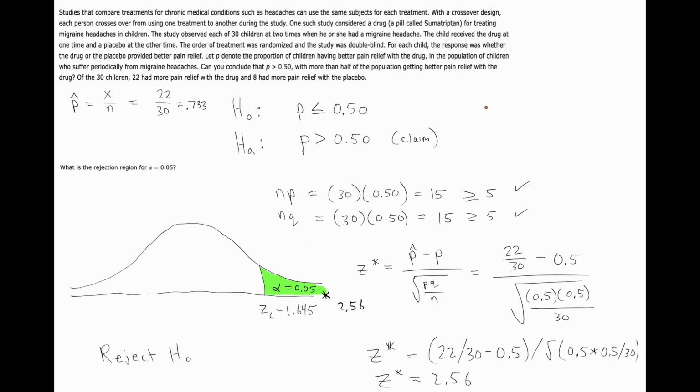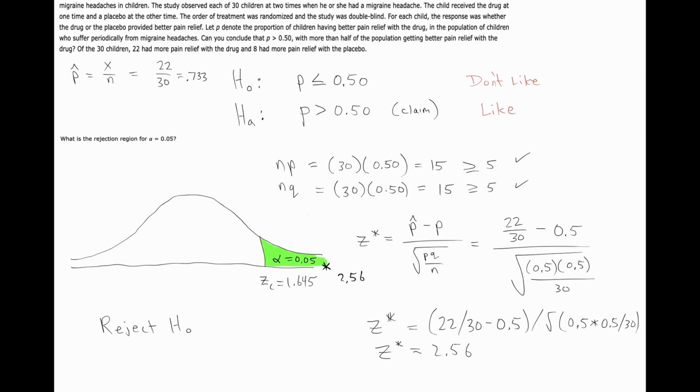And then what I'll do is I'll say that I just don't like the null. Just putting this in easy to understand terms. And I like the alternative then. And so I want to say something positive about the alternative, which is the claim.